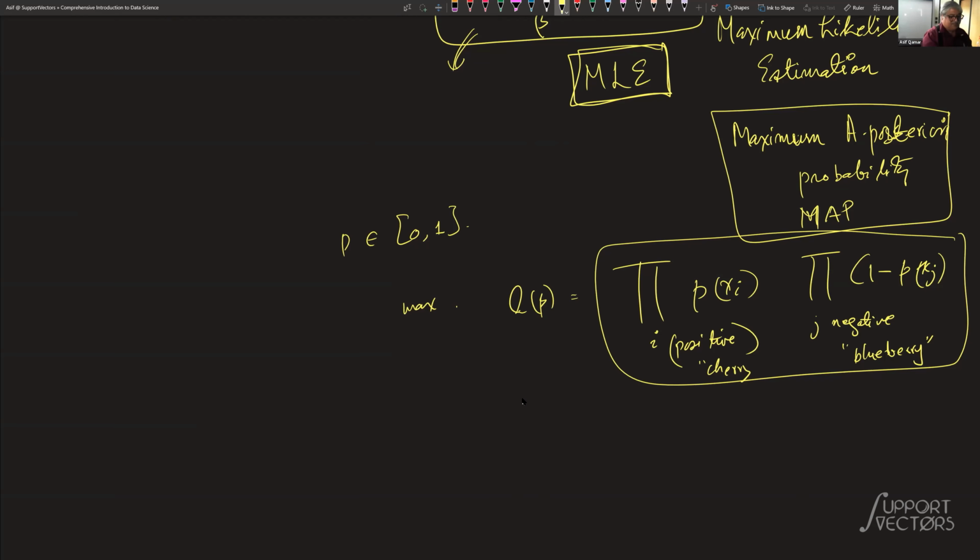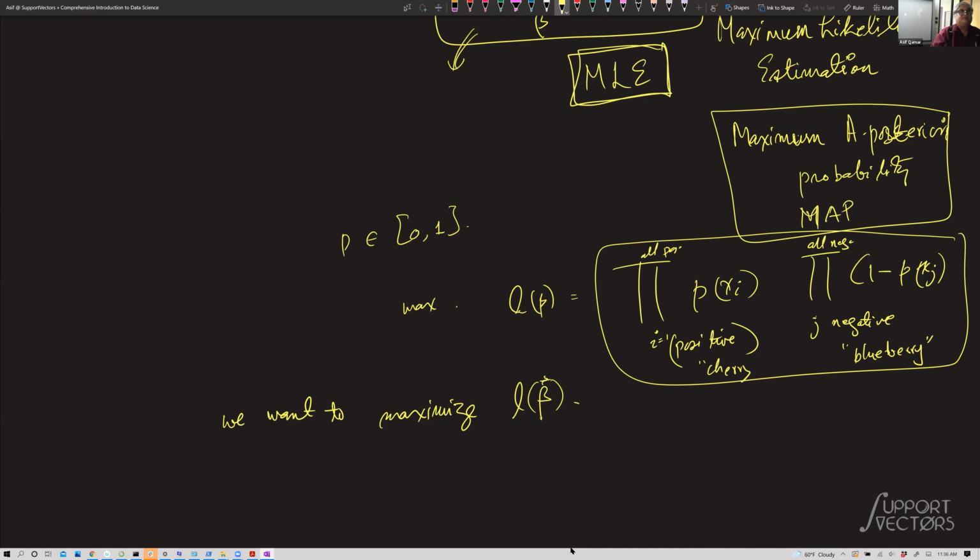We want to maximize L beta, over all the different data points, i equal to 1 to all positive cases and all negative cases. Are we together? That is all it is. So we want to maximize this.